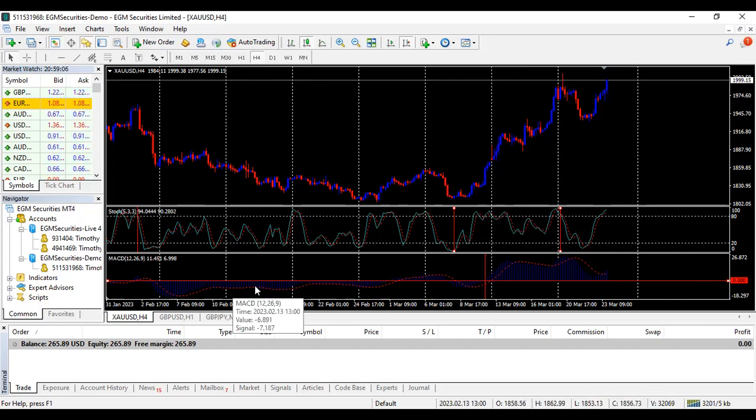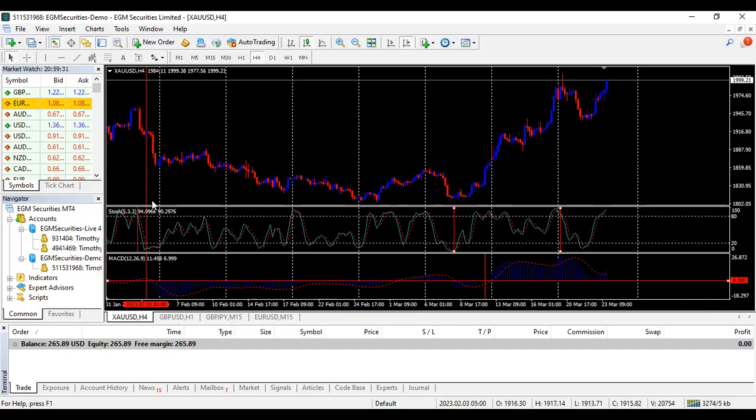With the MACD, let's look at an example here. For a sell example, you can see the moment the MACD started going below or diverging below the 0.0 line, the market was around this point, so that you can match.